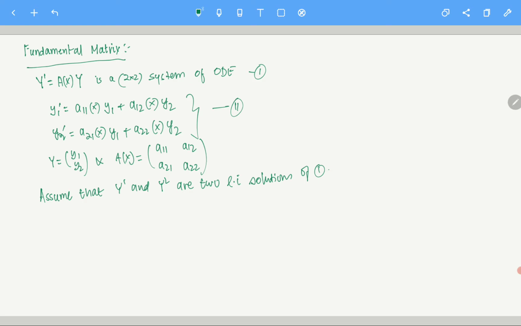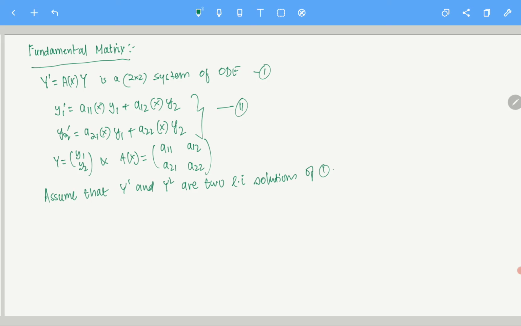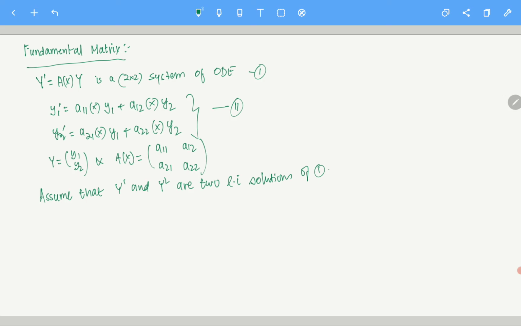I'm just telling you this right now, but I'm not proving it. For this ODE, a 2 cross 2 linear system, you will have exactly two linearly independent solutions, not more than 2, not less than 2.